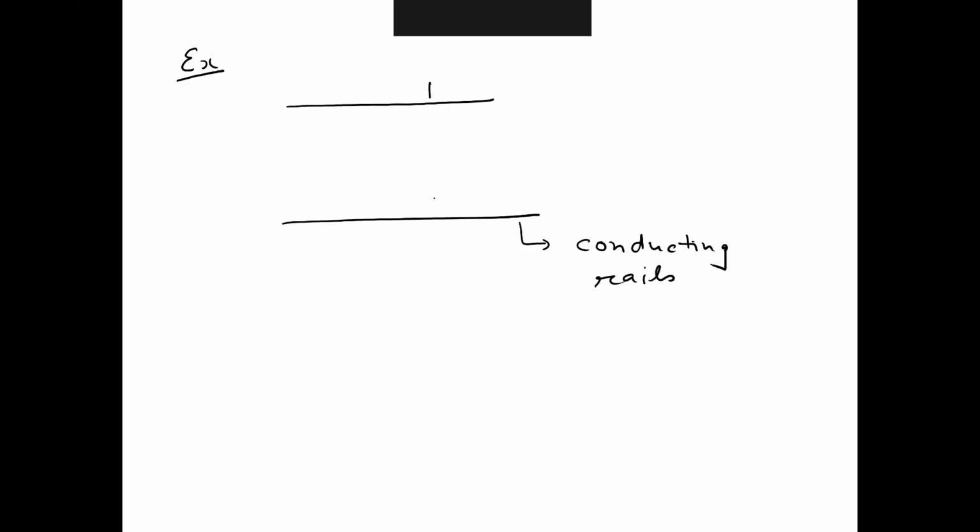What I have is some rails. These are conducting rails here. And I have a bar which is moving on that by a certain velocity.